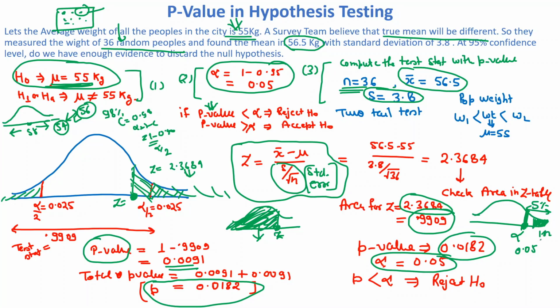So 5% is greater than 1.82%. It means we can say that the p value is less than alpha.